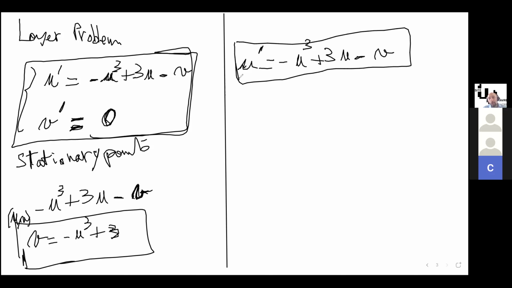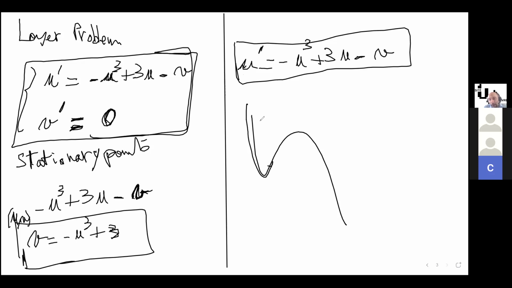So I obtain here an ordinary differential equation of dimension 1, right? And then I can study the stability.